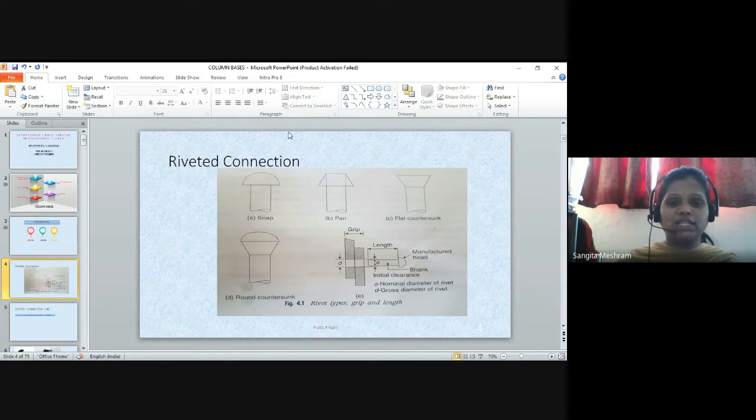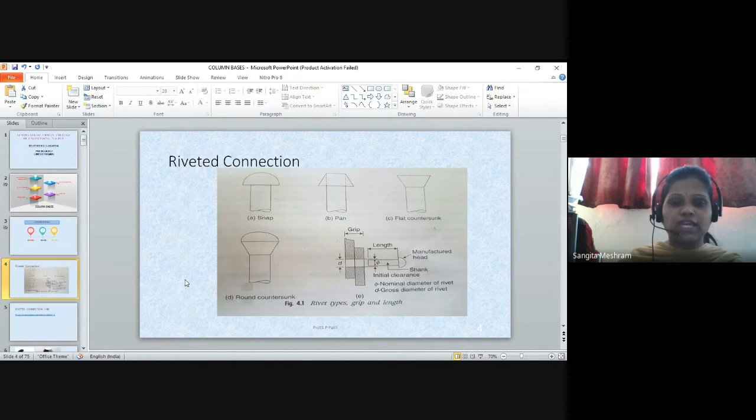So riveted connections, does anybody know about riveted connections? What are rivets and where can we use them? Rivets are used in daily life when members are connected, such as doors or windows.